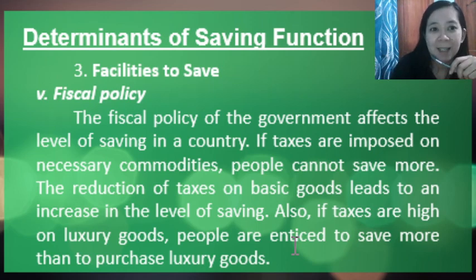fiscal policy. Of course, the fiscal policy of the government affects the level of savings. How is that possible? If taxes are imposed on necessary commodities like basic needs, people cannot save because they have to pay more, as there is an additional tax on the price of the commodities.